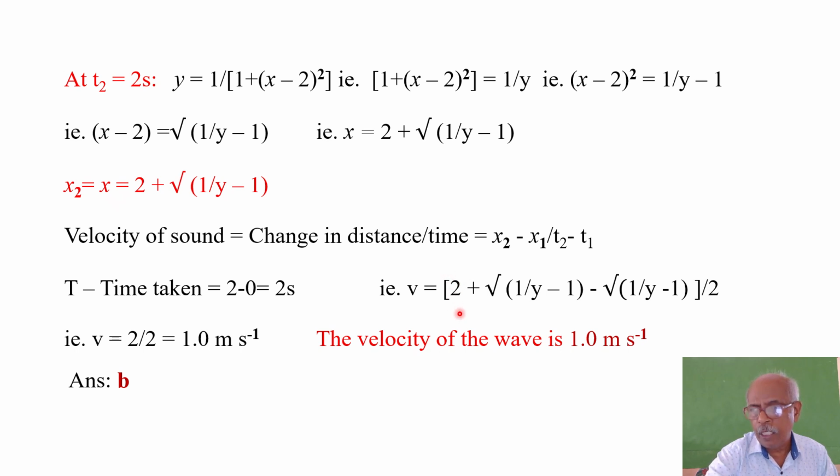So 2 divided by t2 minus t1, that is another 2. So velocity is equal to 2 by 2, that is equal to 1. So 1.0 meter per second is the velocity of the wave. So option B is the right answer. Of course, this is a lengthy problem, but you can solve it easily by remembering these things.